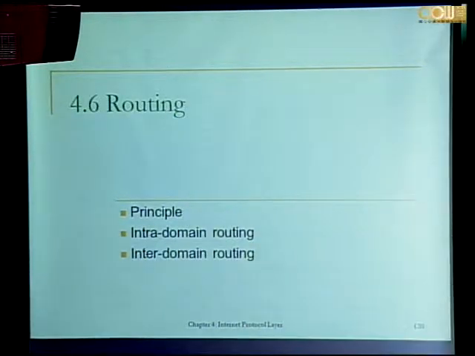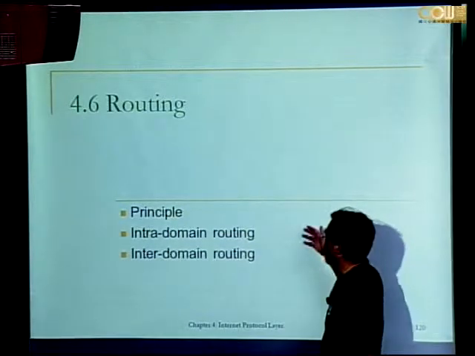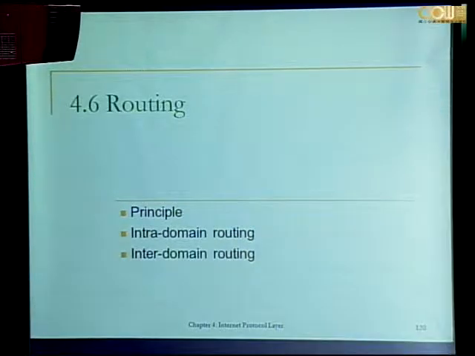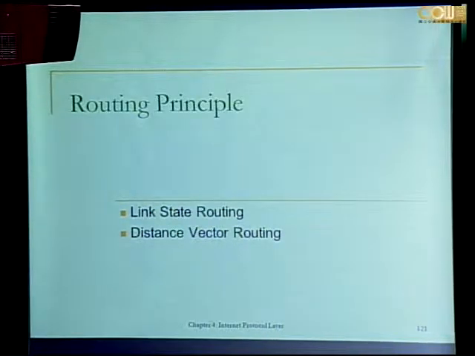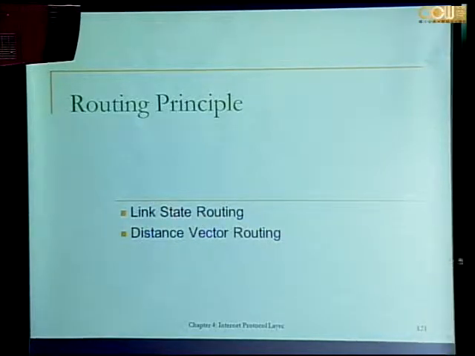So we would talk about three commonly used protocols here. But first of all, let's look at the principle. In the principle, we need to look at two routing principles. One is link state routing. The other is distance vector routing.